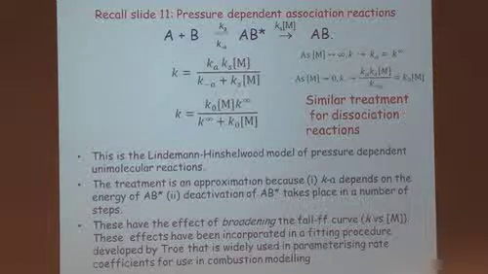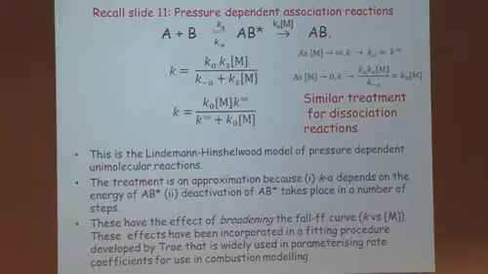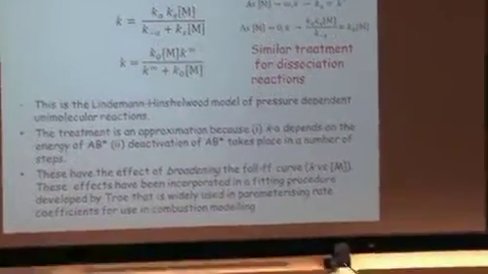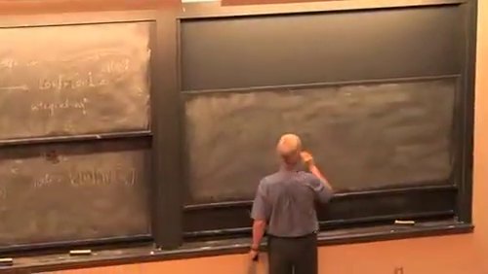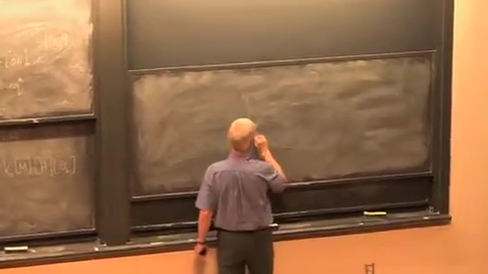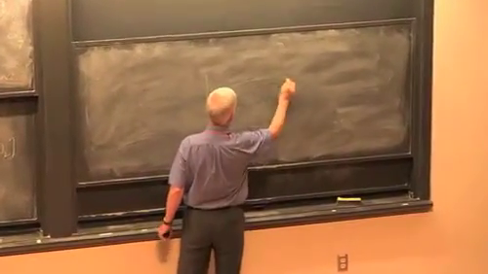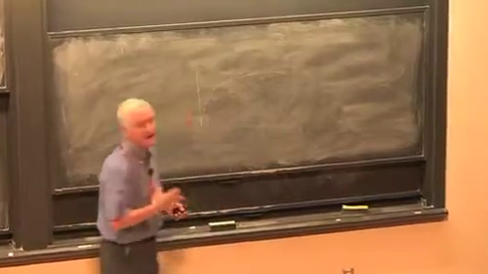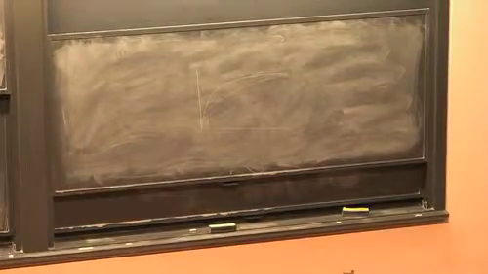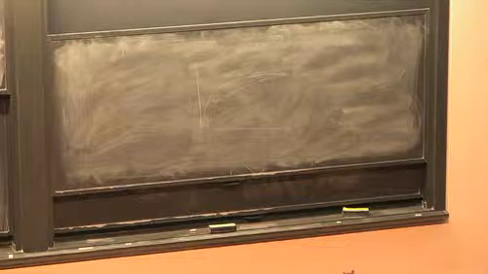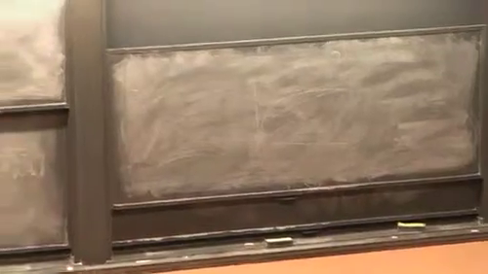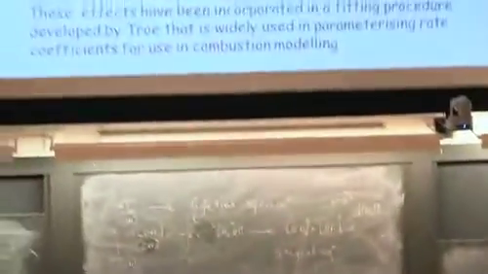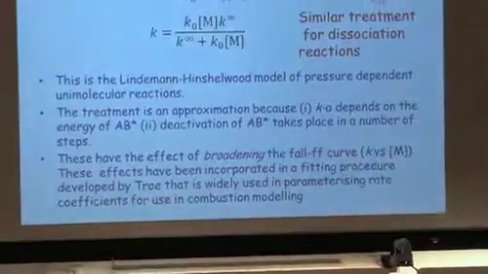So if we look at the fall-off curve, it gets broader. It approaches this high pressure limit more slowly because of these two effects. And Jürgen Troe in Göttingen developed a parameterization methodology which takes account of that.